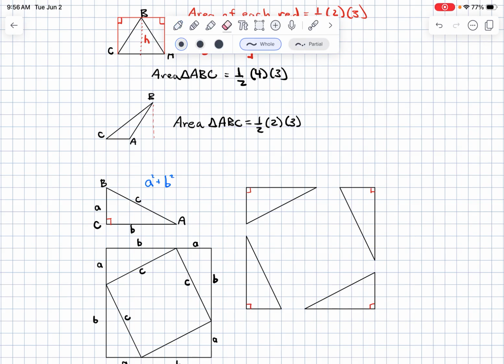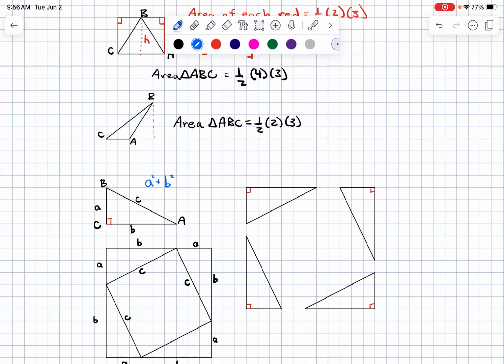So, with a triangle, we have this side here and this side here. Those form the right angle. And then we have this over here, which is the side right across from the right angle, and we call that the hypotenuse.